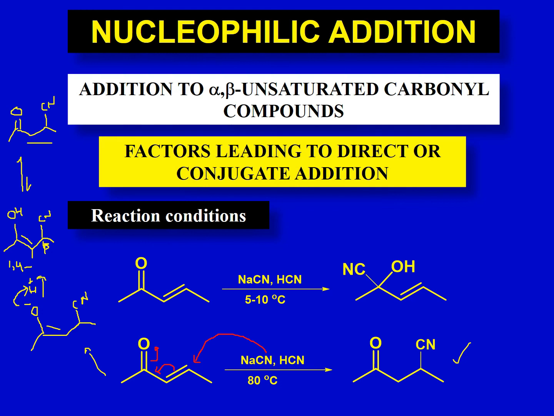So this is how reaction conditions may influence the formation of a direct addition product or a conjugate addition product. In conclusion, at low temperature you will have direct addition, and at higher temperature you will have conjugate addition.